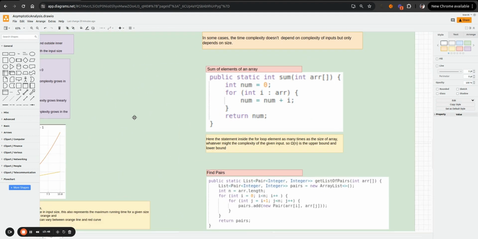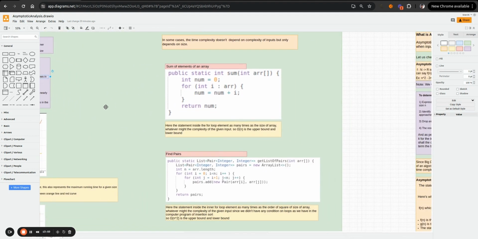There are some cases in which the time complexity won't depend on the type of input, but only on its size. Some examples are this algorithm, sum of elements of an array. In this algorithm, it will take the array as input, and here I'm looping through this array, adding all the numbers and returning the sum. So whatever might be the composition of the array, we'll definitely be running this loop and doing the sum.